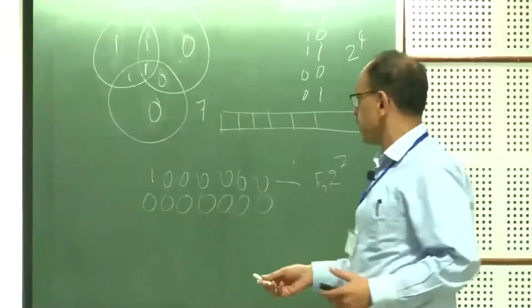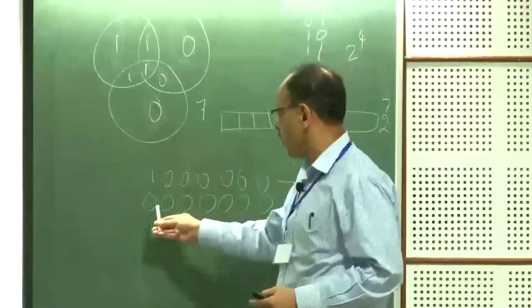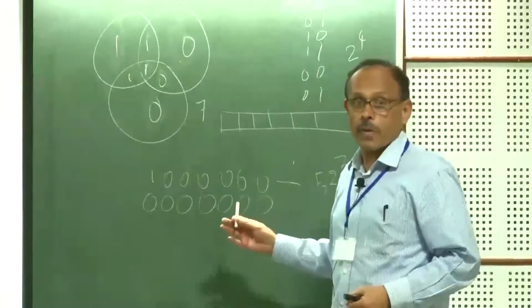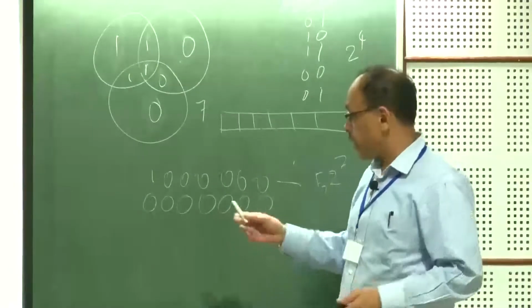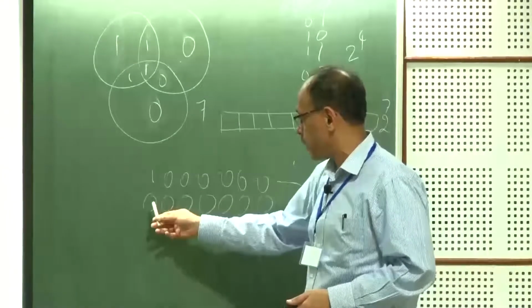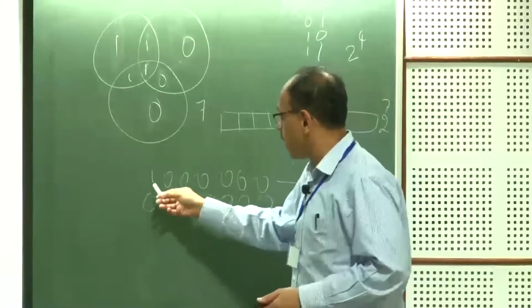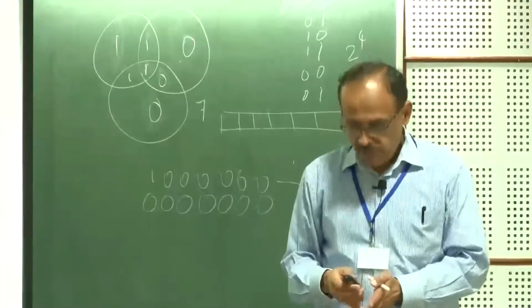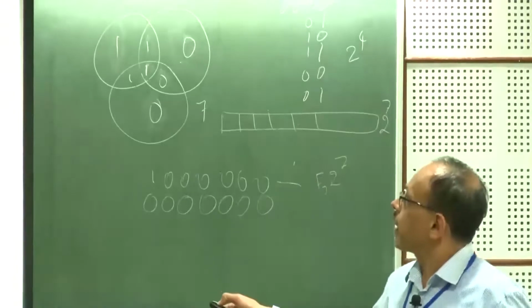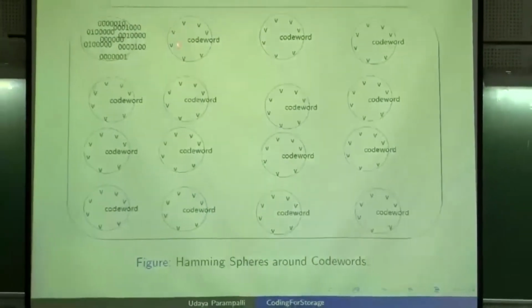The distance concept here is very simple: it is the number of positions that differ from the code word, and it can also be defined as a Hamming weight. We will come back to that later, but there are exactly 7 such words surrounding it.